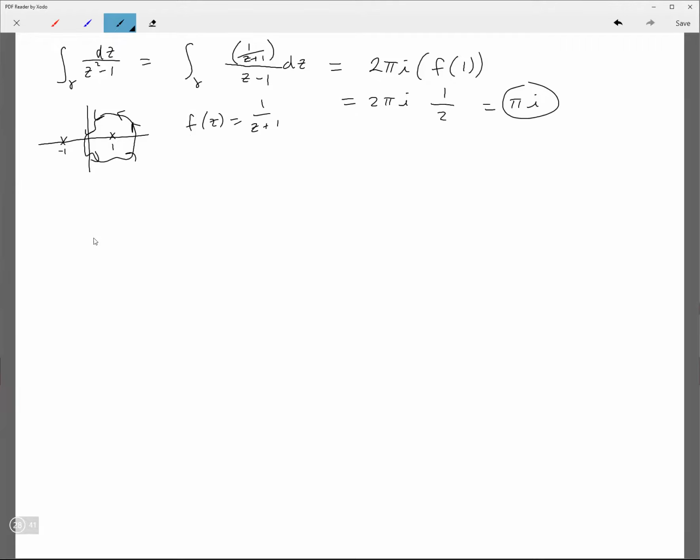And let me do one other one. Let's suppose your gamma is this one, like that. Then, since this is the counterclockwise orientation, you can basically look at it as if you're going around each of these singular points separately.